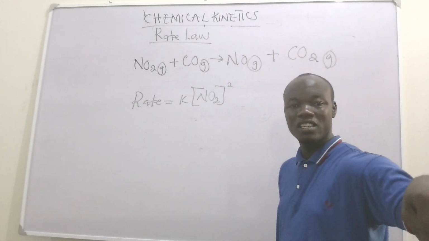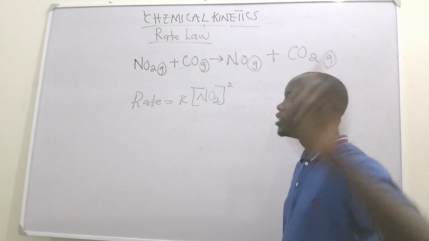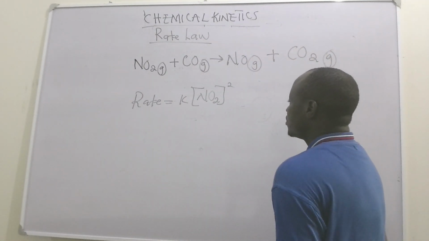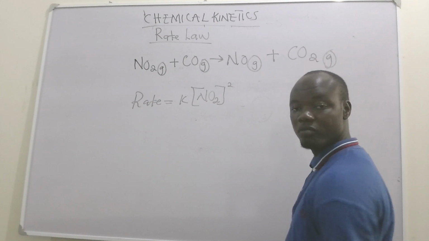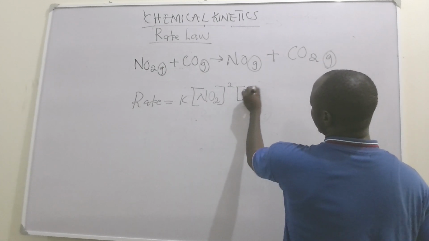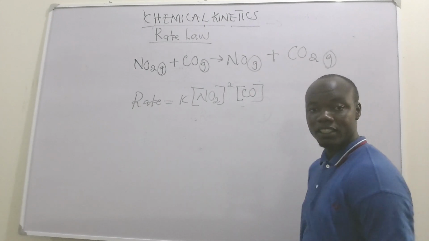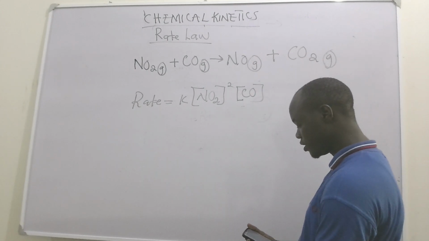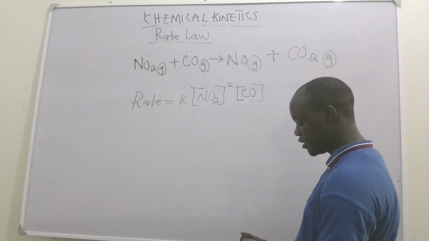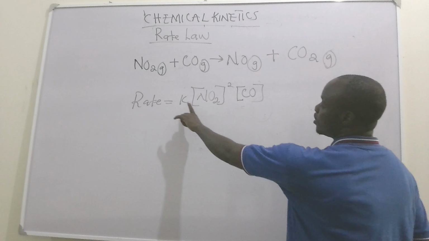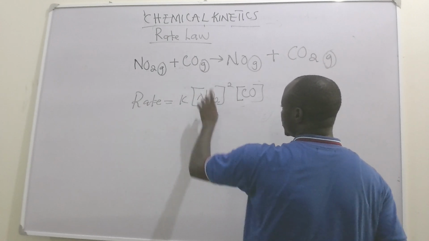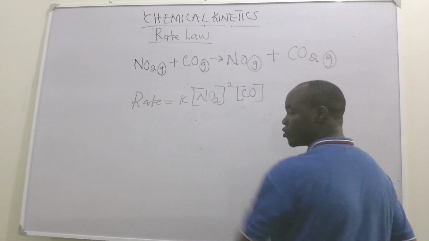It means that the rate of the reaction doesn't depend on the concentration of CO here. But of course, you can have it like this. If you have it like this, when you are expressing the rate law, it gives us an idea that the rate of the reaction depends on both the concentration of NO2 and CO here.